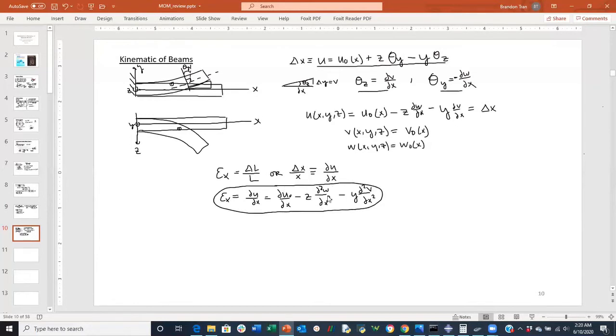And you'll notice this term here and this term here are your curvatures. So if everybody remembers the equation for a curvature, let's assume curvature going in the z direction, the equation would be something similar to this right here.